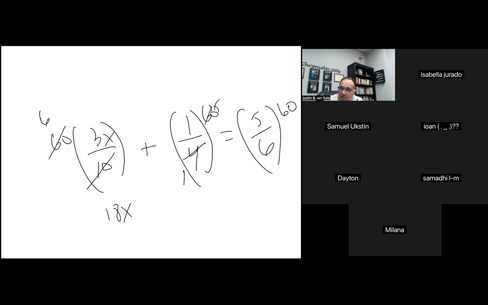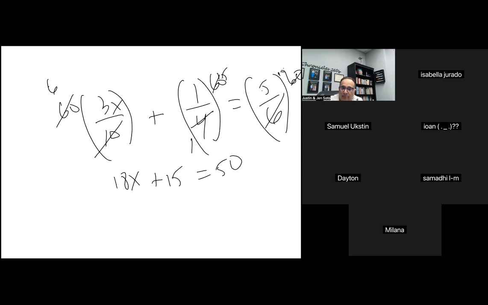I'm just cross-reducing. 15 times 1 is 15. 5 times 10 is 50. X equals 35 over 18.